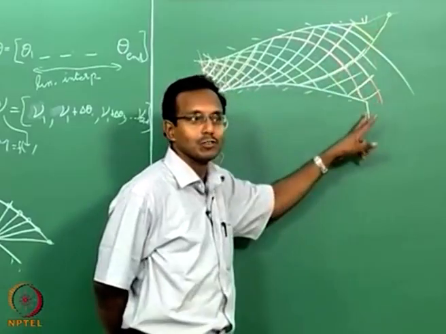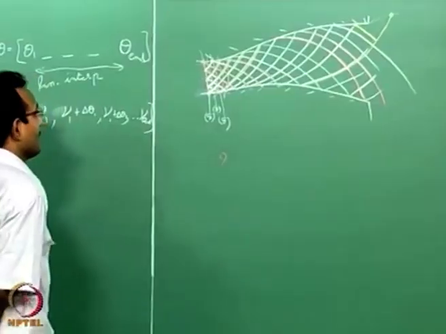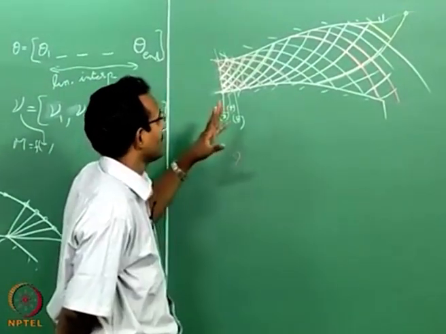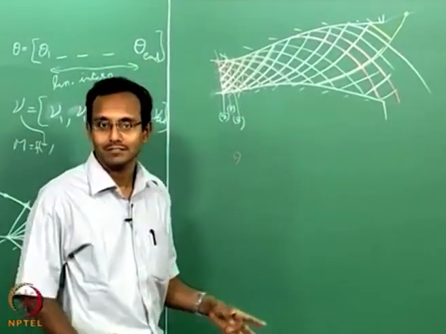Even here it will be almost uniform at the exit, which is one nice thing. That need not always be the case. There may be situations where you may want data only on one side and not the other side.